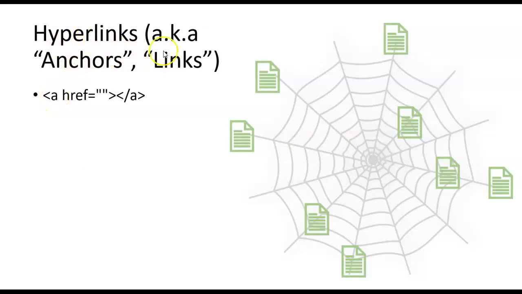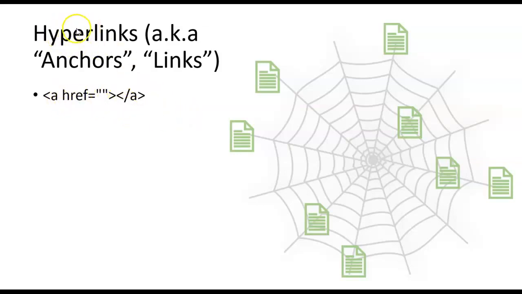We would call it a link or a hyperlink, but in the original language, way back when HTML was young and the internet was young, these were called anchors. So an anchor is what allows you to link or connect or have a hypertext reference, href, a hyperlink to another document.